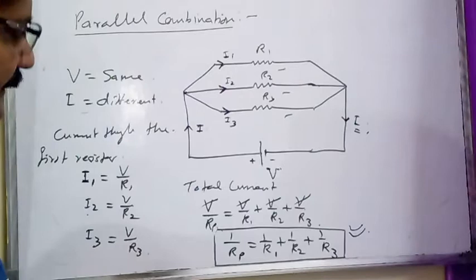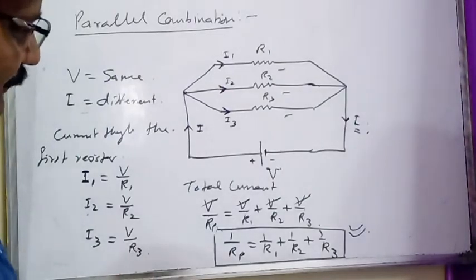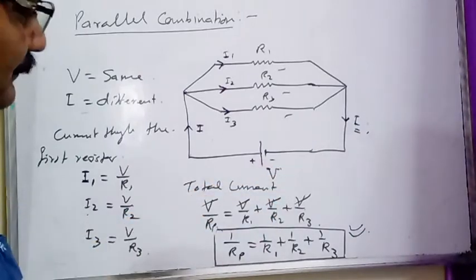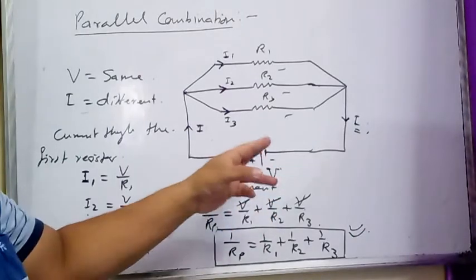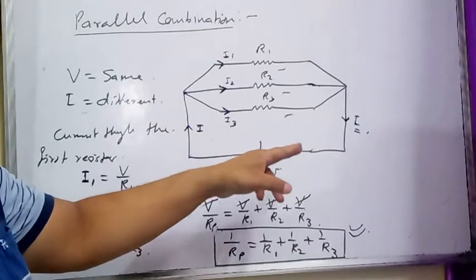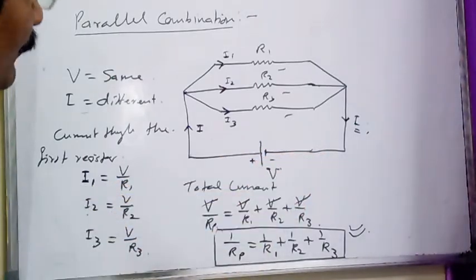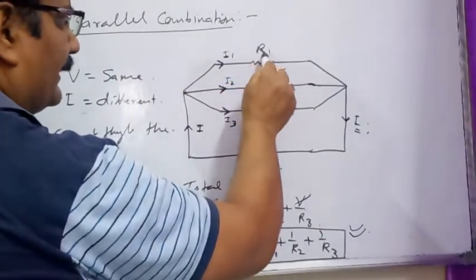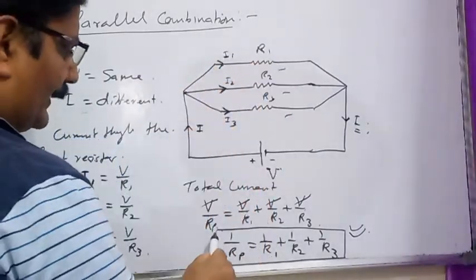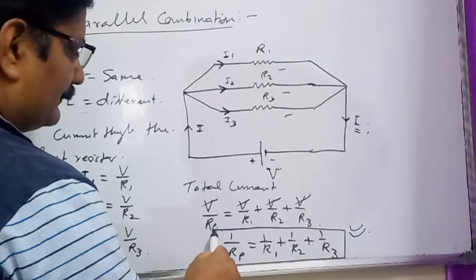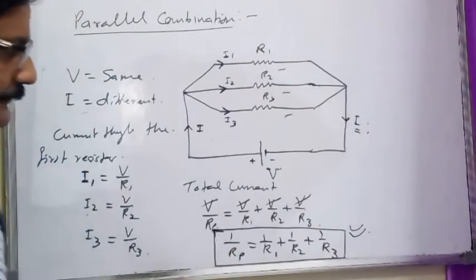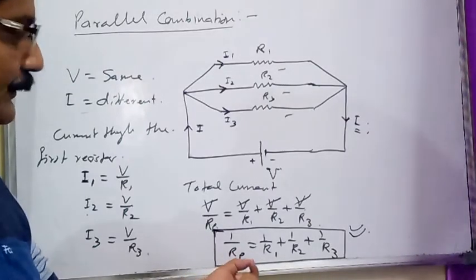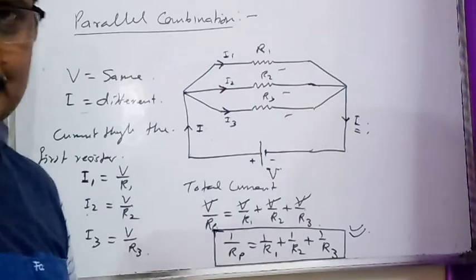In the case of series combination of capacitors, the formula is 1 by Cs equals 1 by C1 plus 1 by C2 plus 1 by C3. But in the case of resistors, the formula for the series is Rs equals R1 plus R2 plus R3. So while solving questions related to combination of capacitors and combination of resistors, the difference should be kept in mind. Otherwise, you will get confused between the two formulas.